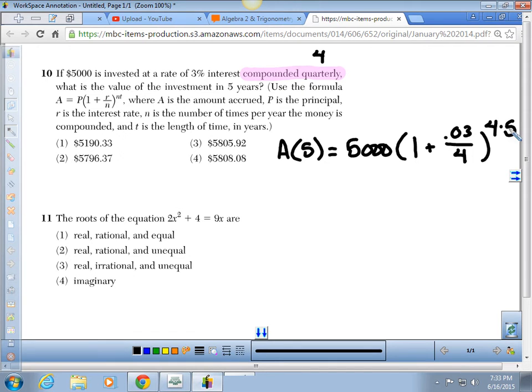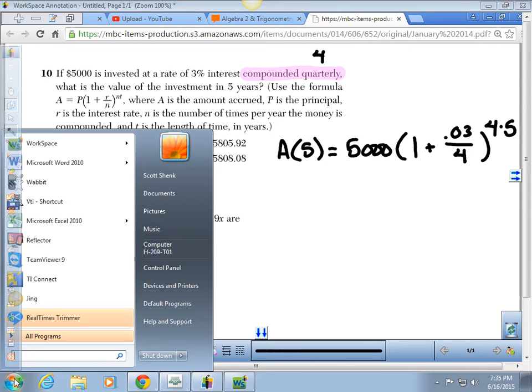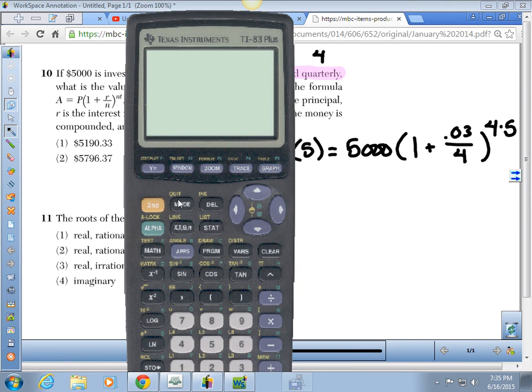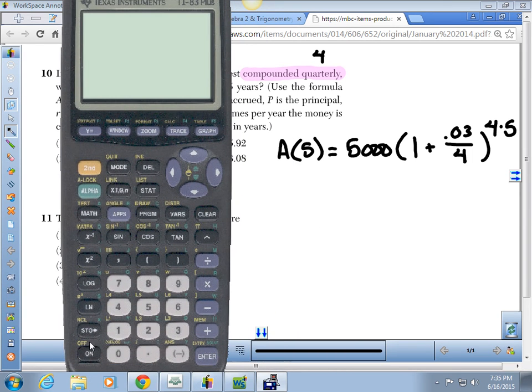We want to make sure that we're including parentheses where we should. We make sure we close off our parentheses. But we start off with 5,000 times 100% of what we already have, plus now we need another parenthesis for the fraction, the 0.03, the 3%, compounded quarterly. We'll close the fraction. We'll close the whole quantity.